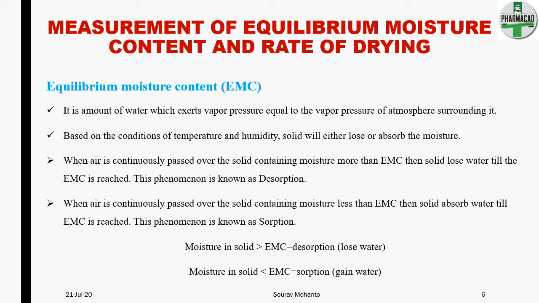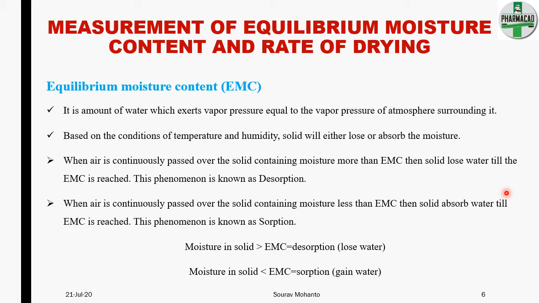It is the amount of water which exerts a vapor pressure equal to the vapor pressure of the atmosphere, or the amount of water present in the solid which exerts a vapor pressure equal to the vapor pressure of the atmosphere surrounding it.